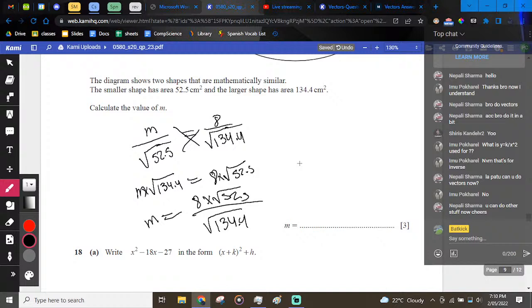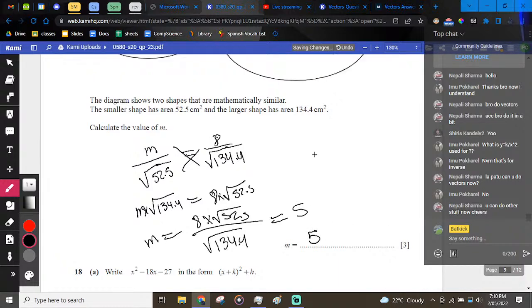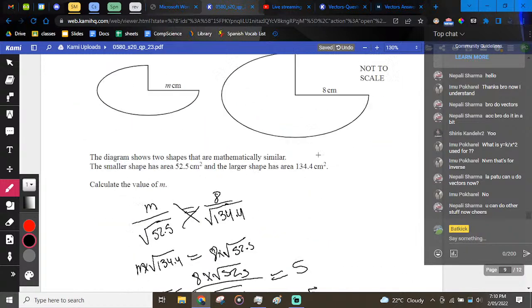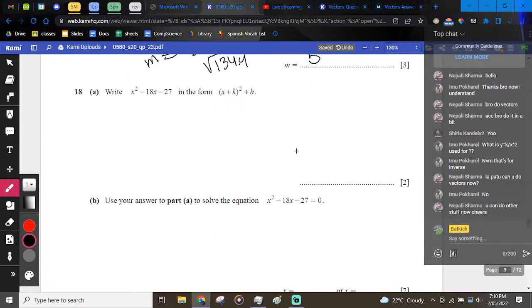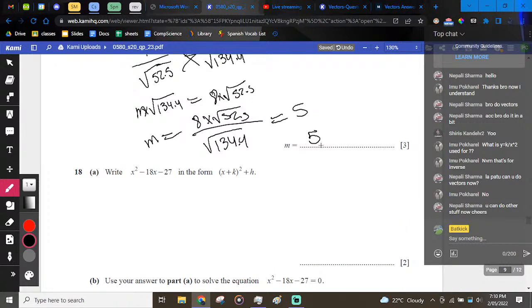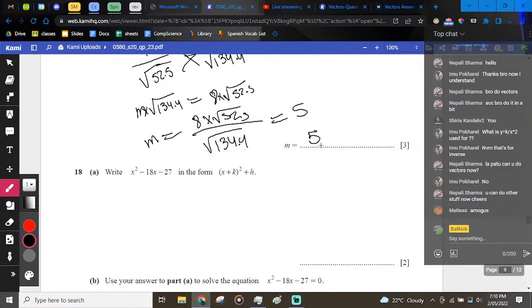Let's put that in our calculator. Sorry, dropped my calculator. But that gives 5, which is a very nice integer number, and I like that. That means I did it right. If your answer looks ridiculous, it probably is.